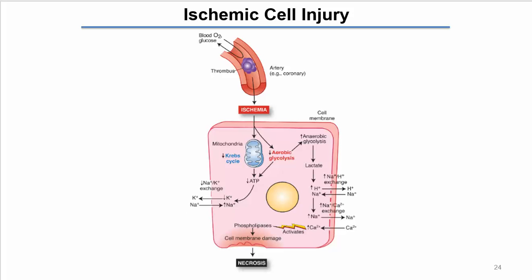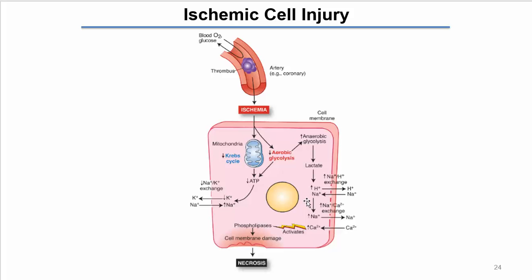So here's a schematic diagram just to sum this up. If there's something blocking an artery, then you end up with ischemia. Because of the ischemia, you get decreased ATP, Krebs cycle, etc., decreased aerobic glycolysis. Because of the lack of ATP, the sodium potassium pump turns off. There's more sodium in the cell. We have an increase in anaerobic glycolysis, which leads to lactic acid, which then screws up the hydrogen ion, so it becomes more acidic. The pH gets lowered, which then brings more sodium in.